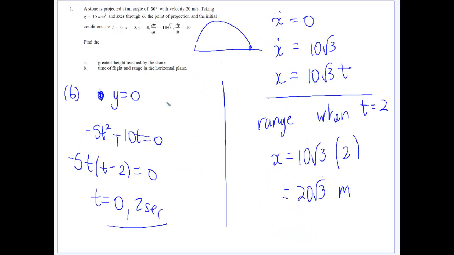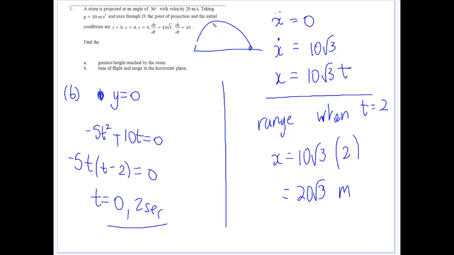Now the second part says find the time of flight and the range in the horizontal plane. So the time of flight is going to be given to us by a situation where y would be equal to 0, because it starts there and it ends there.